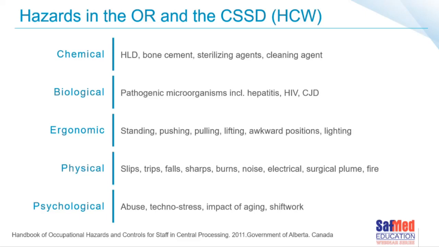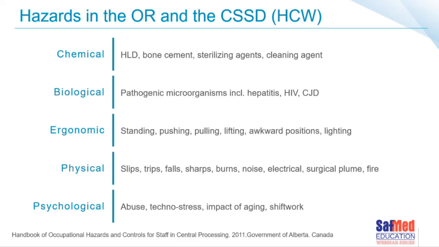From a chemical perspective, things like high-level disinfectants, bone cement, sterilizing agents, cleaning agents, all of these can be hazards. Biological hazards will include pathogenic microorganisms, all sorts, of course, including things like hepatitis, HIV, maybe even Creutzfeldt-Jakob disease. Ergonomics: standing, pushing, pulling, lifting, awkward positioning, lighting all play an important role.